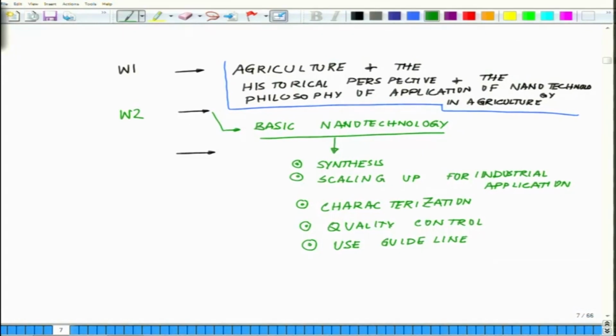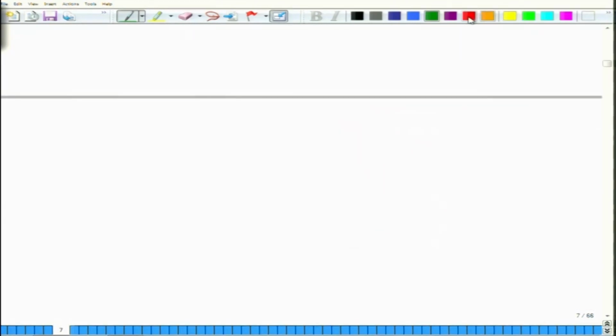Then from there we will move on to week 3, week 4, week 5 and week 6. We will talk about the application of different nanomaterials.